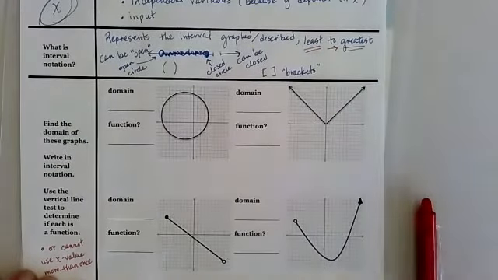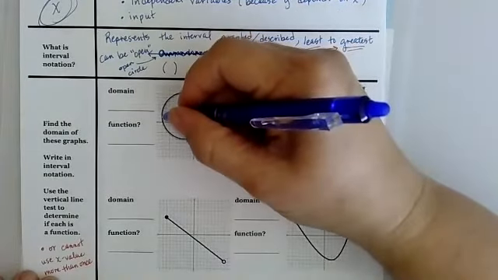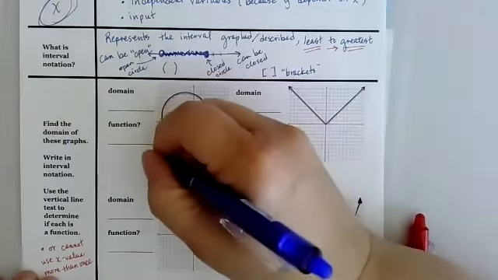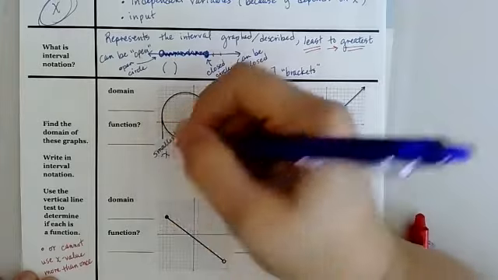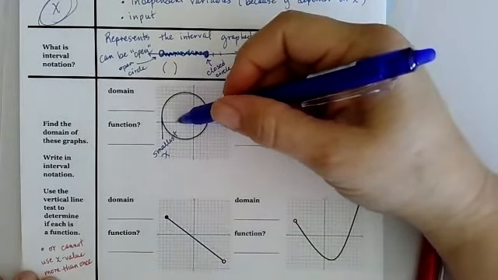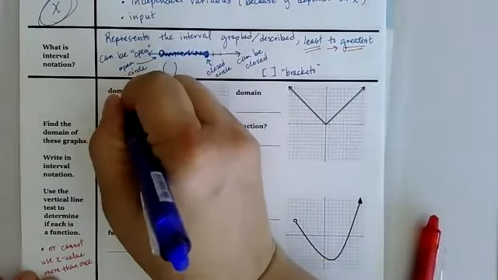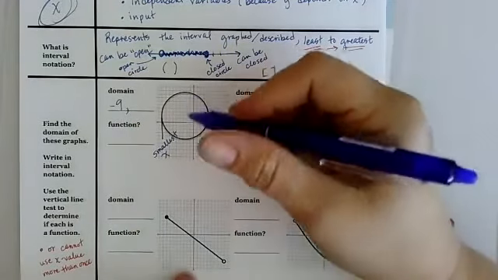Okay, so here I have domain for this circle. And I want to know what is the least x, smallest x. x is negative 1, 2, 3, 4, 5, 6, 7, 8, 9. And I just put a comma. I'm going to make it like a list, least to greatest.